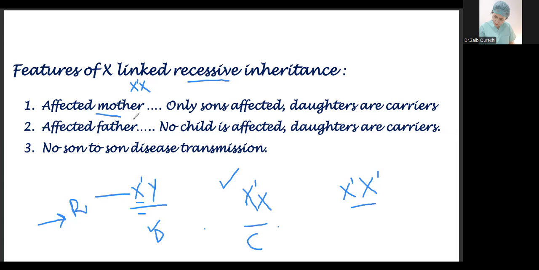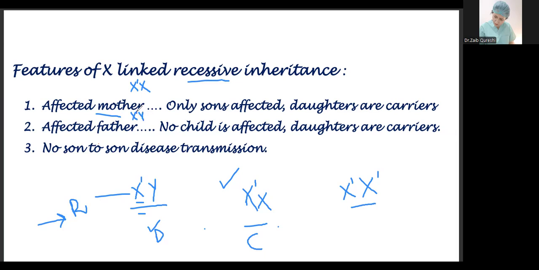And if there is an affected father, will he transfer the disease to the male or not? Not at all, because he will transfer the Y chromosome to the male.